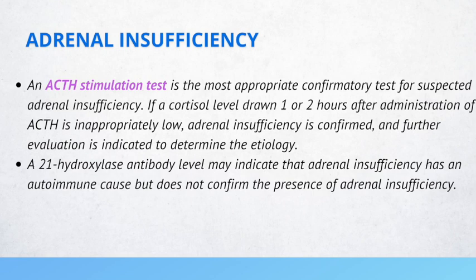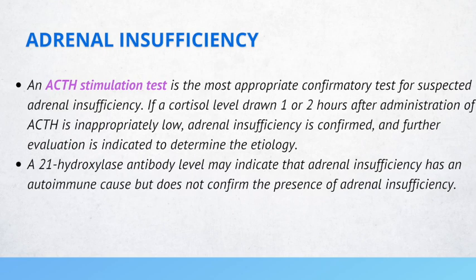And these patients can present with symptoms of fatigue, weight loss, nausea, vomiting, abdominal pain, joint pain, salt cravings, or even adrenal crisis. Physical exam would reveal skin and mucosal hyperpigmentation. This is due to the increased production of POMC, a prohormone that is cleaved into ACTH and MSH. They can also have hypotension and vitiligo.